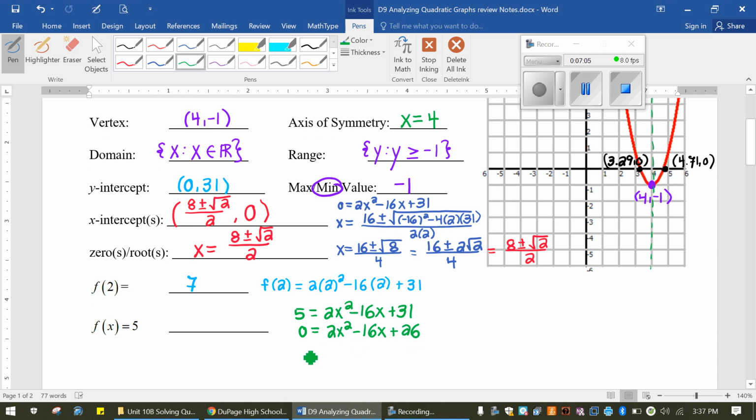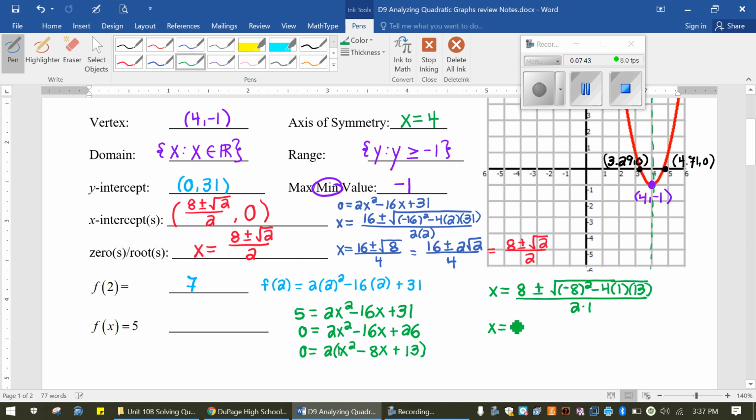Now you can go ahead and go right to the quadratic formula. I noticed that they're all even, so I'm going to factor out a 2 first to make the numbers that I'm using in the quadratic formula a little bit smaller. Okay, so I'm going to do the quadratic formula for what's left inside the parentheses. So my b is negative 8, so the opposite of that is 8, plus or minus the square root of negative 8 squared minus 4 times 1 times 13, all over 2 times, remember that a value is a 1.